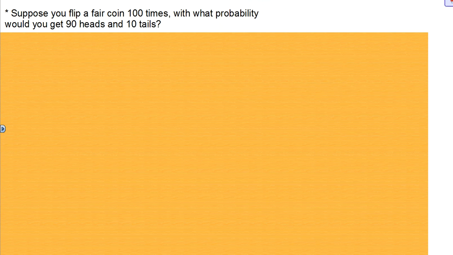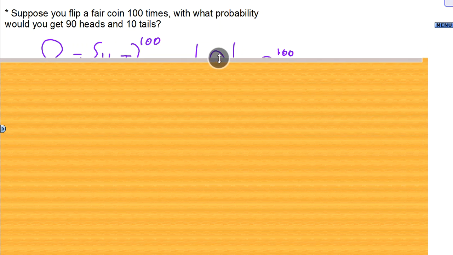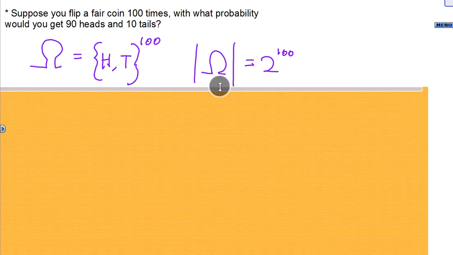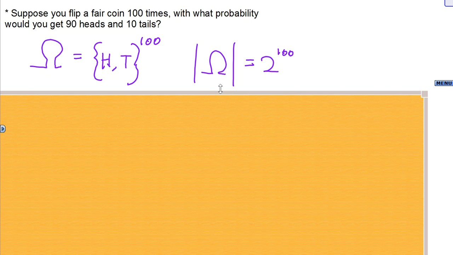So how do we now use that to calculate the probability? We have that the sample space is {head, tail} to the 100, so the size of the sample space is 2 to the 100.